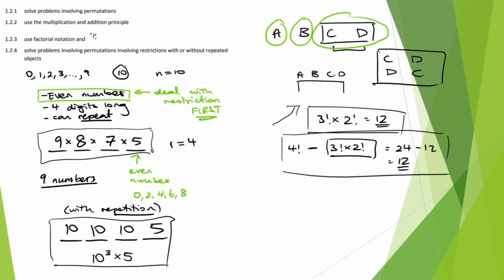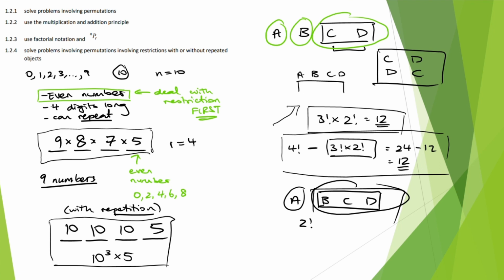We can also have A, B, C, and D where B, C, D really want to sit next to each other. We can consider B, C, D as one group. In this case, we have two objects, 2 factorial ways of arranging those. And within this group, we have 3 factorial ways that they can arrange each other. So let's say B, C, D all really want to sit next to each other in a row.